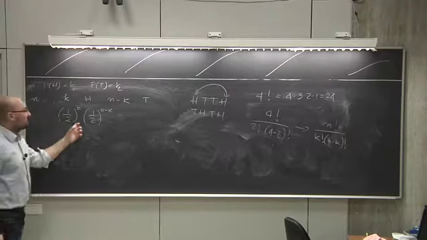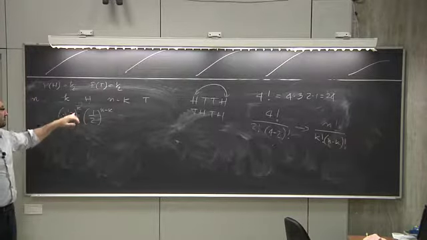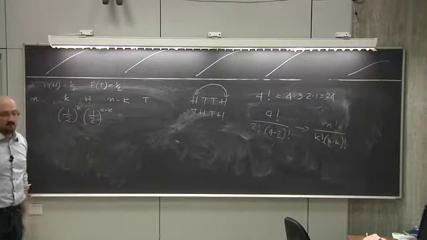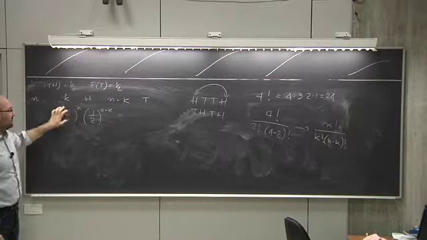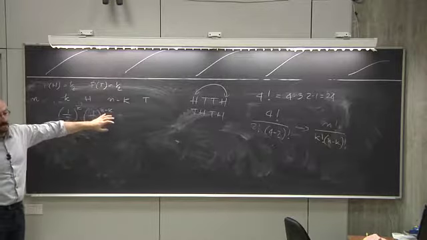So each of these configurations has this probability, 1/2 to the k, 1/2 to the n minus k. By the way, since this is 1/2 and 1/2, I could have just written 1/2 to the n.